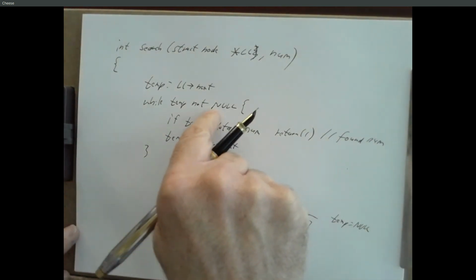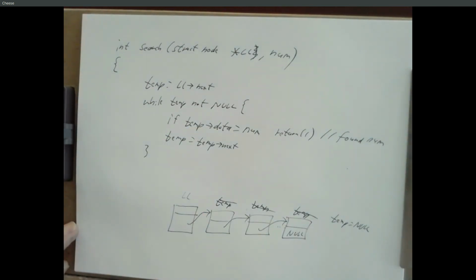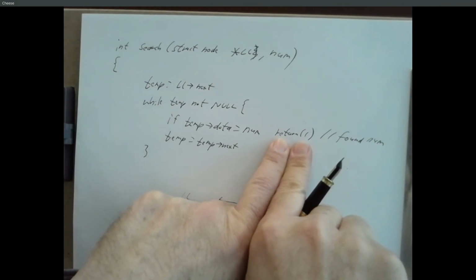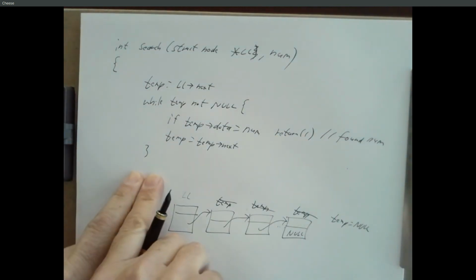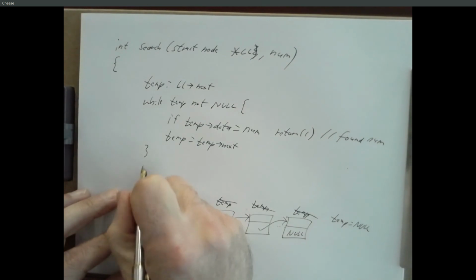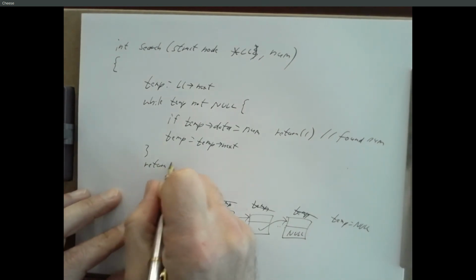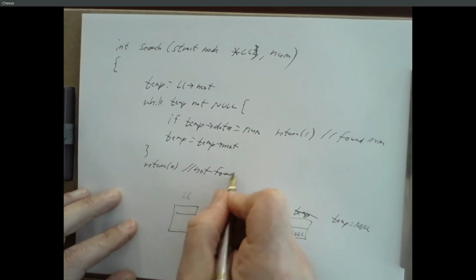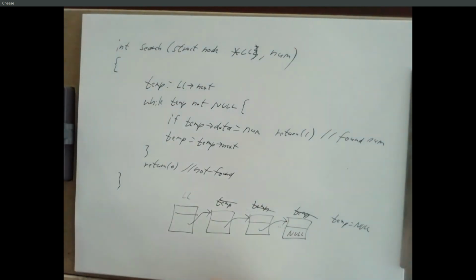And that's where we exit our while loop. If we had found the number in our list, we would have returned 1 at some point. The fact that we got through our while loop without returning means we didn't find our number. So just return 0. And again, that's the same pseudocode that we had for PA1, except we said temp.data and temp.next.